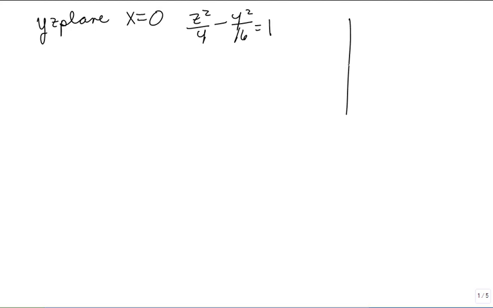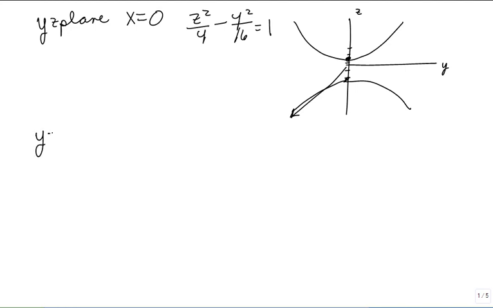Okay, the yz plane, if we let x equal 0, we get z squared over 4 minus y squared over 16 equals 1. So here's yz. We're going to go up 2 on the z. It's going to lie on the z-axis. And it's going to be wide because it goes out 4 on the y-axis. So we have that.